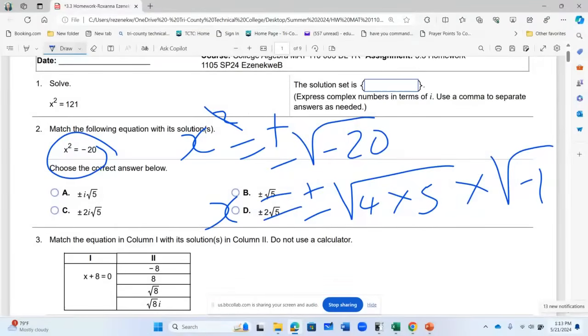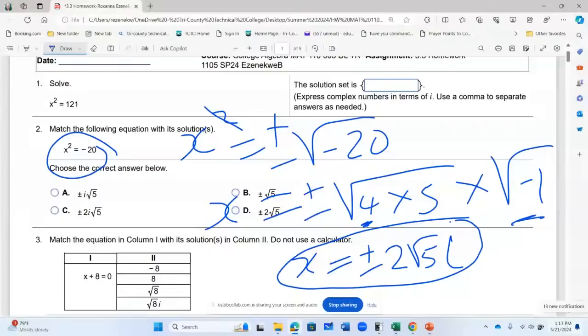We just said that this afternoon. So all we need now is a perfect square. So x is equal to plus or minus 2 root 5 i. This is i. And that's my answer.